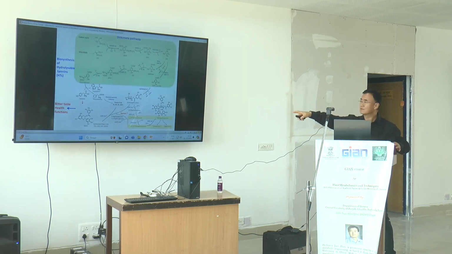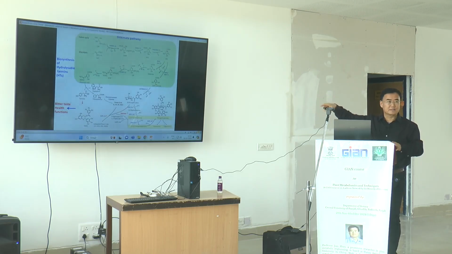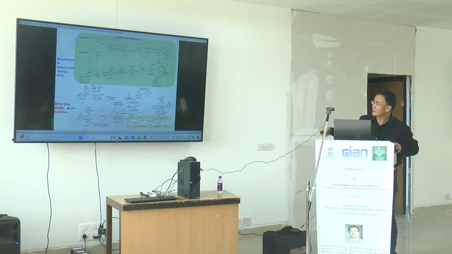Now we know phenylalanine is a major precursor for the phenylpropanoid pathway, which is for both lignin and flavonoid biosynthesis. But in tea, specifically, the shikimate pathway is leading to gallic acid biosynthesis.